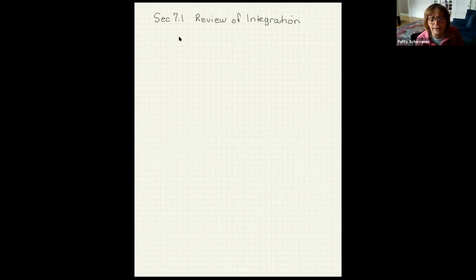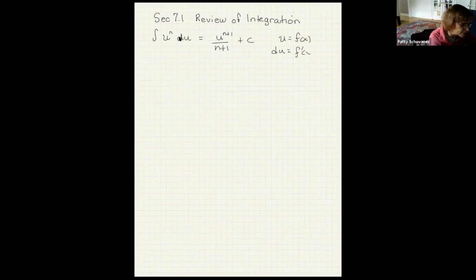And then we had the general version of them with the u du substitution. So we know how to integrate u to a power, where u is some function of x, and du is the derivative of that function times dx in all of the problems that I'm going to write.